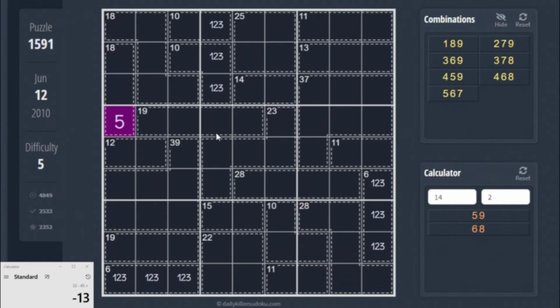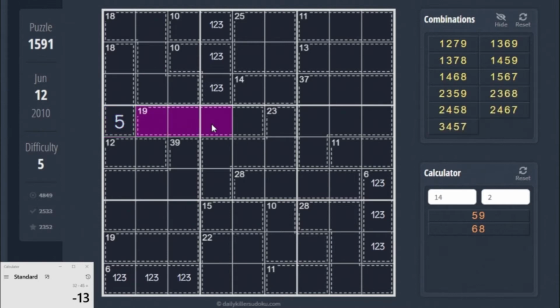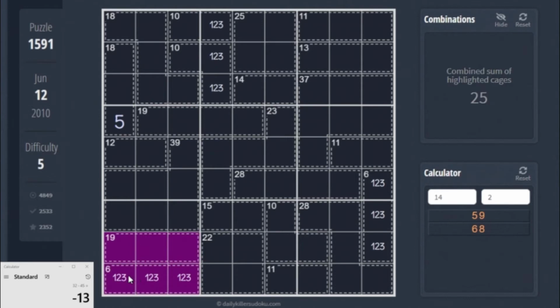Right. What information can we use if we know that this cell is 5? I'm gonna extend our view. So it's 19 under here, and then plus 6 is gonna be 25.